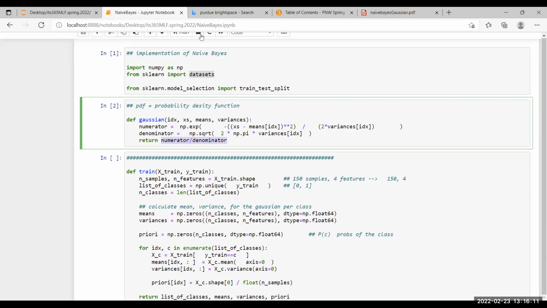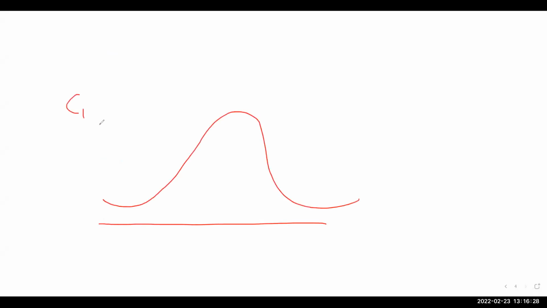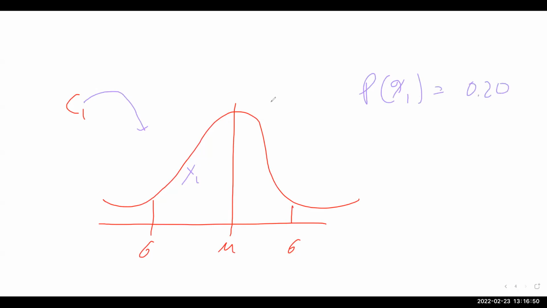And if you remember, the intuition with that was something like this. I have determined that this is the distribution of class 1, C1. I've got the mean, standard deviations or variances, and then now I'm going to throw in that X. So let's say sample 1. For this particular class, sample 1 will have a probability of, let's say, 0.20 of being in that group.